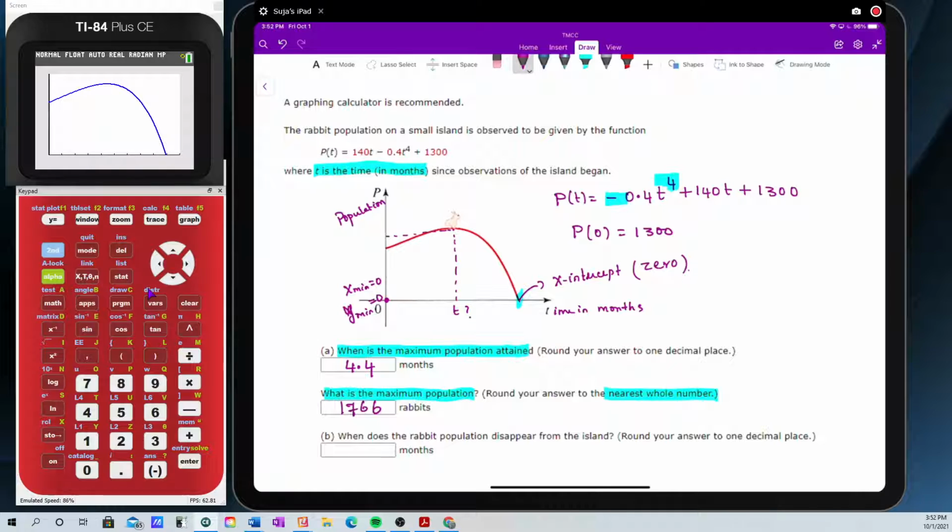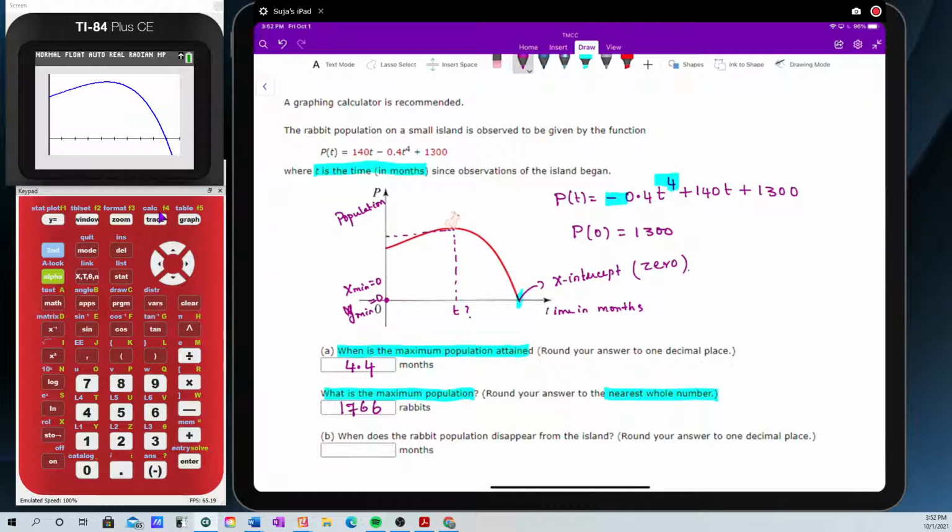Okay, it's not clearly visible. Change it just so that I can use my graph to find the value. Okay, so this is the point I'm looking for.